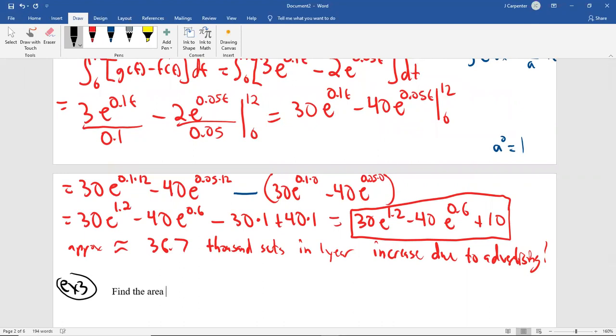Find the area between the curves. And I'm not going to write them as f and g this time. I'm going to go back to the y equals, because who says you can't do that? So between y equals 12 minus 3x squared and y equals 4x plus 5.